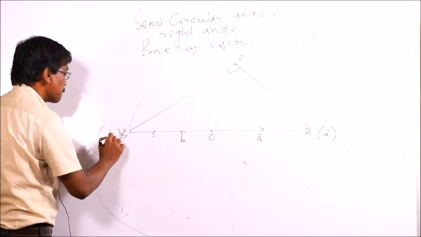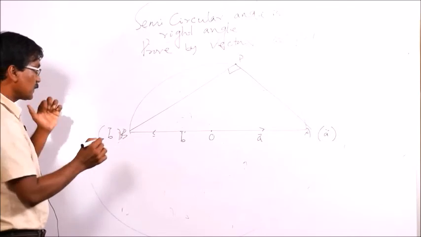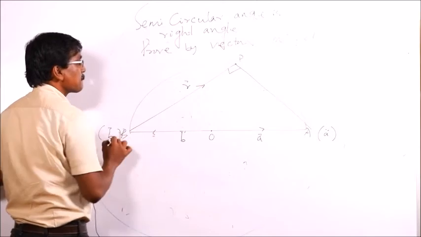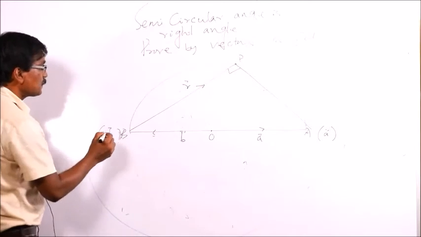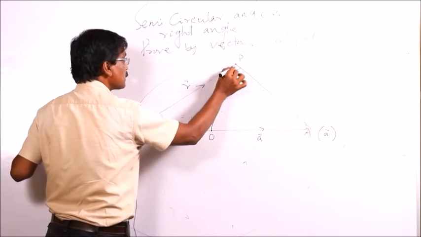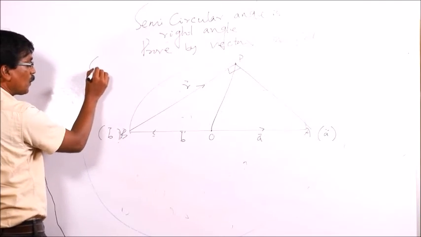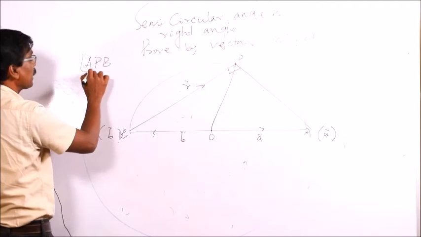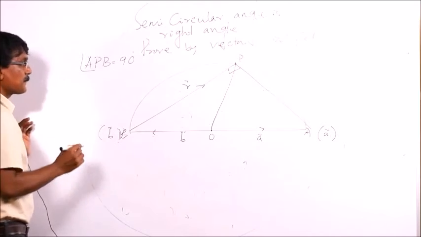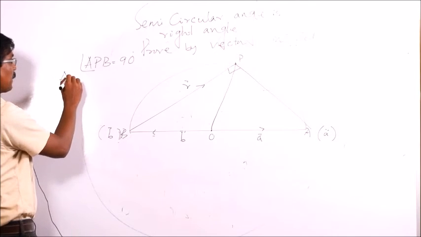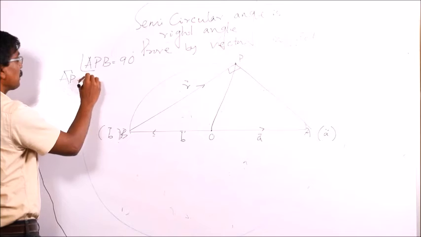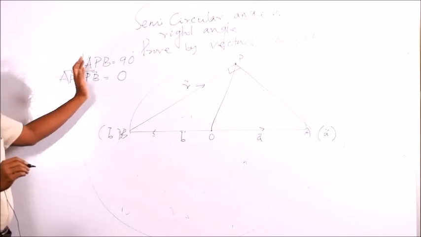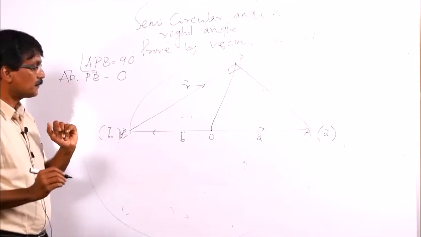Now this will be R vector. So we join like this to prove angle APB is equal to 90 degrees. That is, AP vector dot PB vector is equal to 0. When two vectors are perpendicular, their dot product is 0.